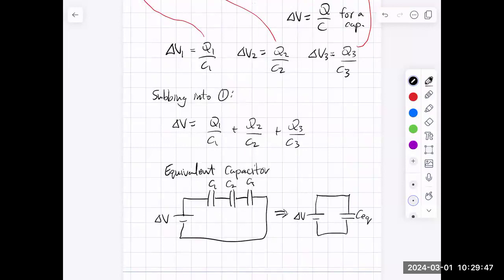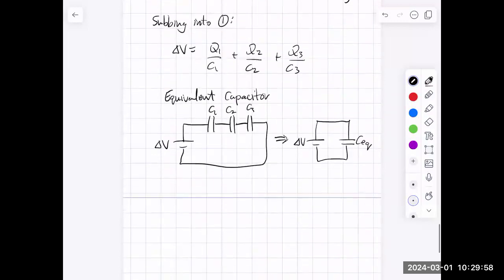So if our capacitor is really going to be equivalent, it must charge to the same value of Q when it's connected to the same battery, delta V. So we require that Q equivalent be equal to Q1, equal to Q2, equal to Q3, which is just all going to be defined to be Q, some charge.